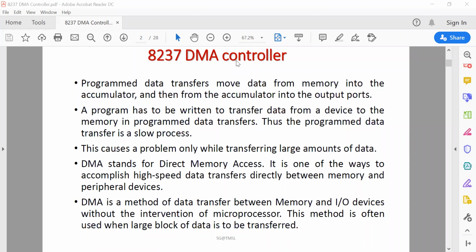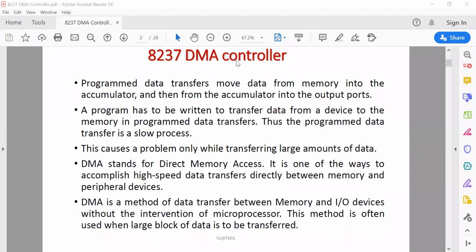Now, DMA stands for direct memory access. It is one of the ways to accomplish high speed data transfer, which happens directly between the memory and the peripheral devices without the intervention of the microprocessor. This method is often used when a large block of data is to be transferred.